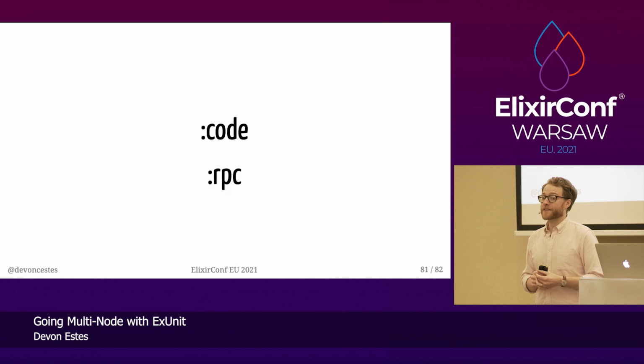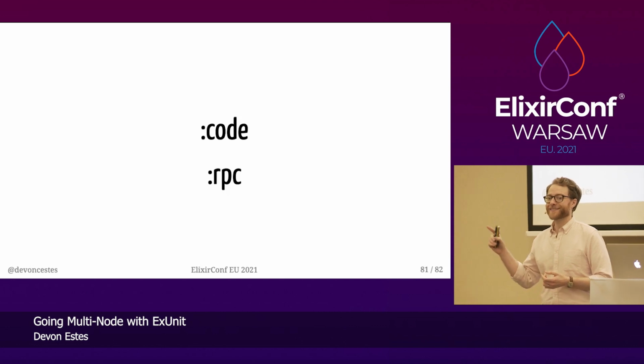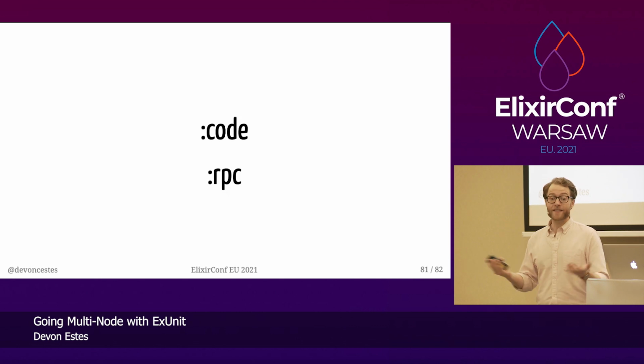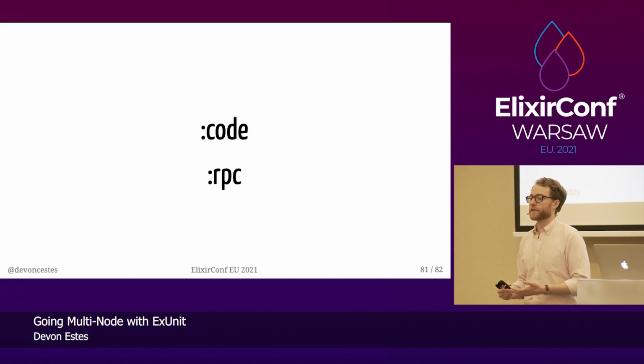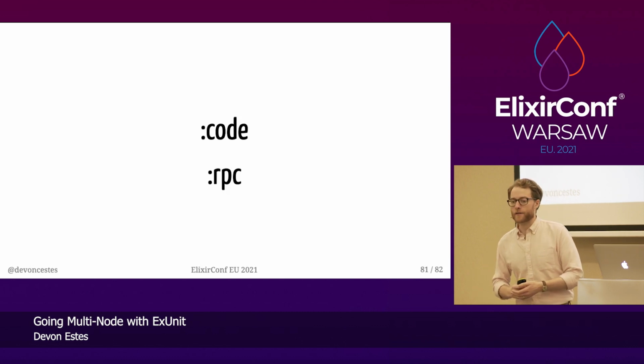Because the code server doesn't just keep 1 copy of a module, it keeps 2. So if you want to load a new one and then roll back, you can. So if you want to mess around, there are so many things that can give you so many ideas of things you can do for introspecting your system and working with your system and really just getting all that you can out of the Beam.